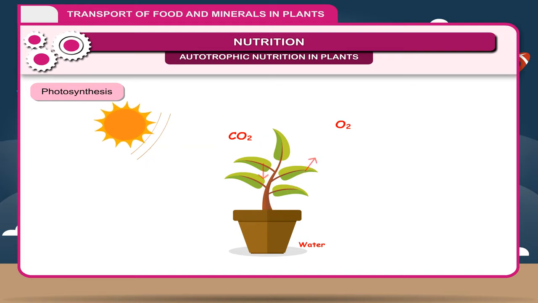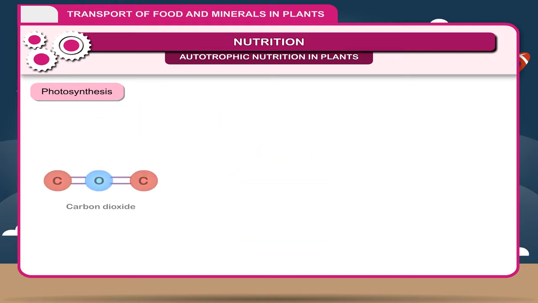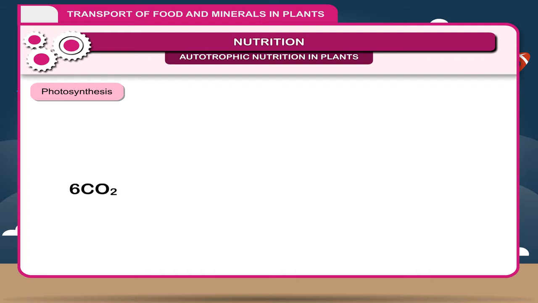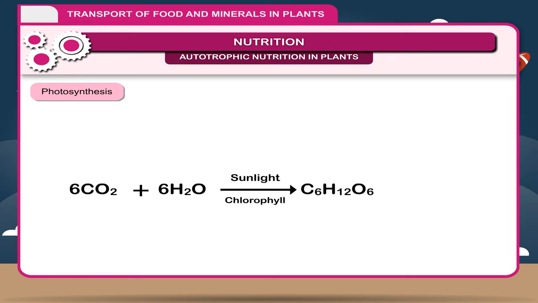In this process, oxygen is released. Carbon dioxide plus water in the presence of sunlight gives rise to food, sugar, plus oxygen. 6CO2 + 6H2O, in the presence of sunlight and chlorophyll, gives rise to C6H12O6 + 6O2.